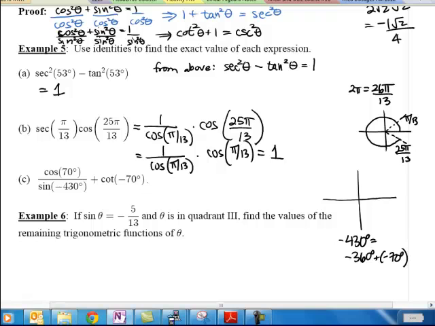So we could replace sine of negative 430 with sine of negative 70, because we've got a rotation of 360 and then 70 more past that. So we could have sine of negative 70. And then we've got cotangent of negative 70.